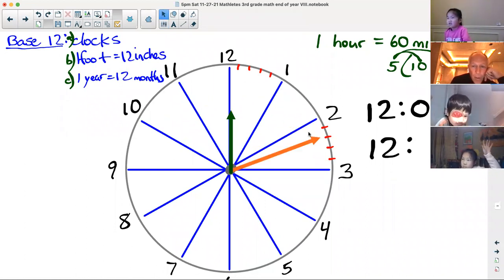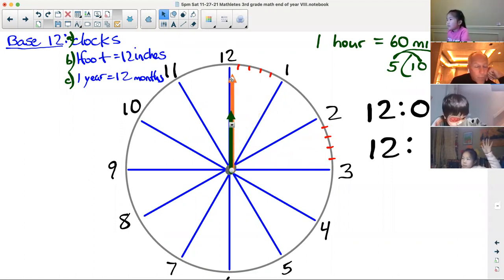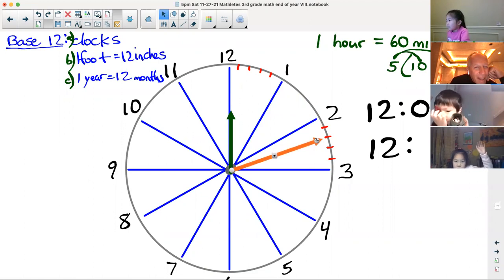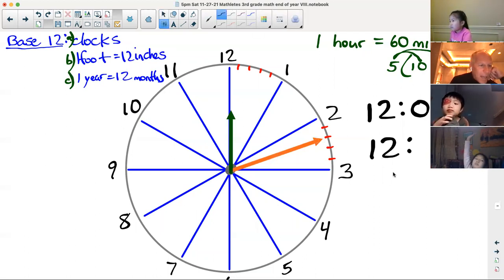We went from 12 o'clock to 12:05, 5 minutes more, and then a few minutes more. So what would that be, do you think, Eleanor? Think about every one of these is 5 minutes. Just give it a try. It's okay to be wrong.